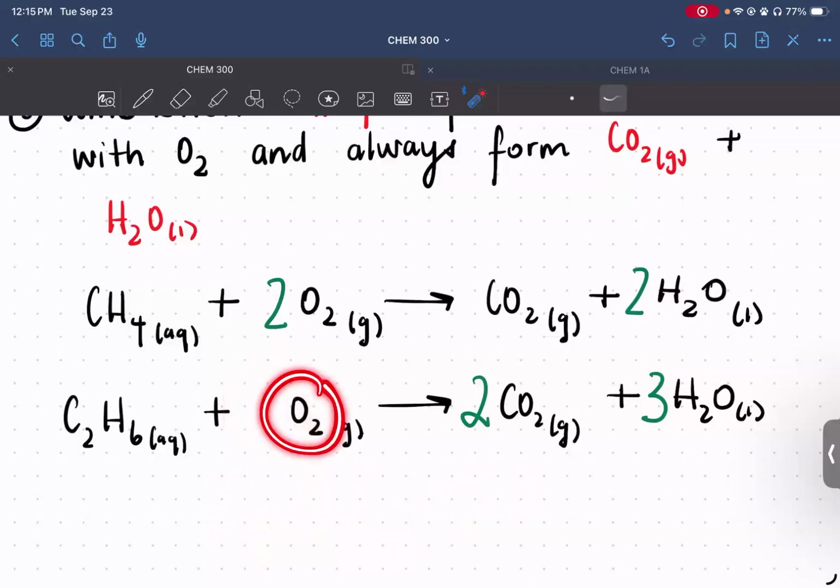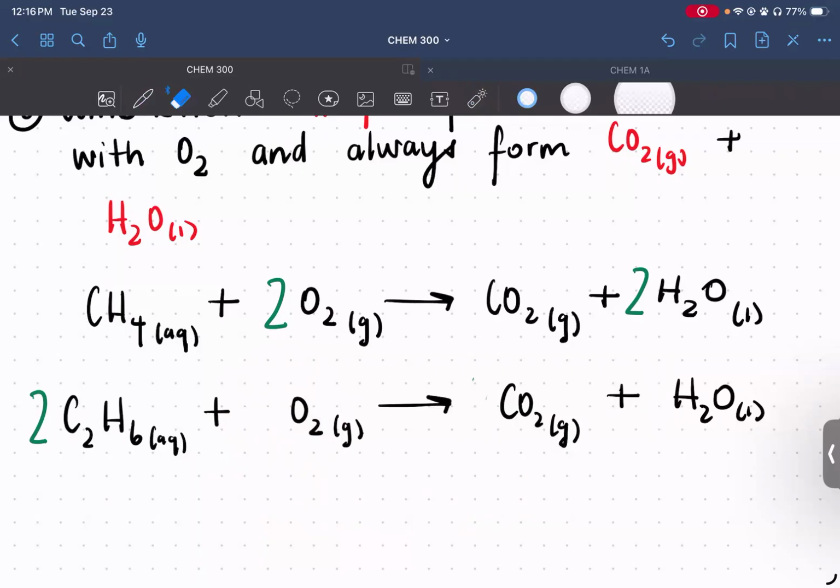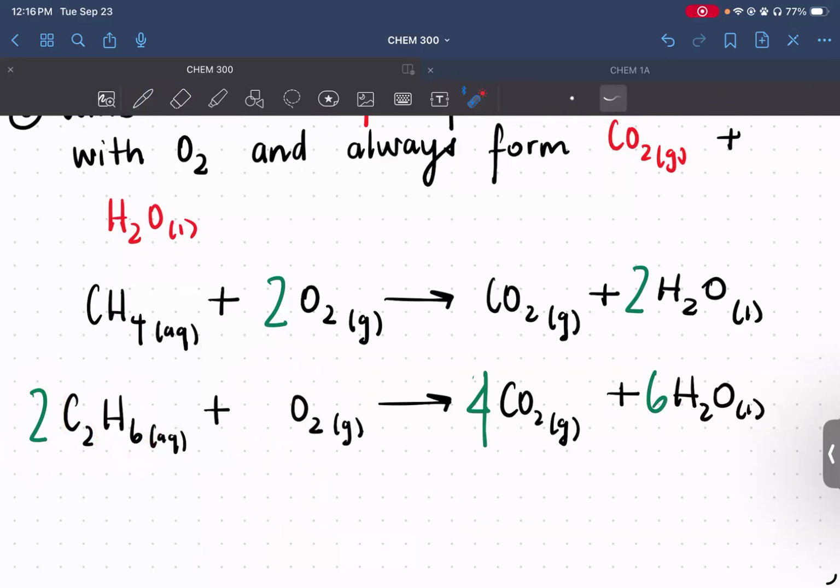So what we would do at this point is simply say, well, let's bump things up. Let's put a 2 in front of the C2H6. 2 times 2 is 4. Put a 4 in front of the CO2. 2 times 6 is 12. Put a 6 in front of the H2O.